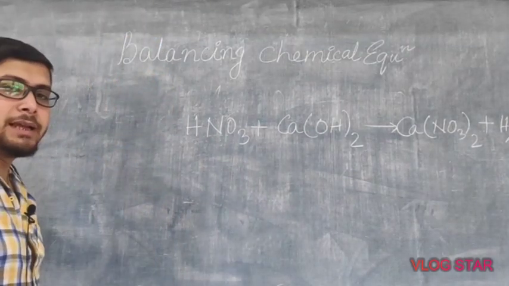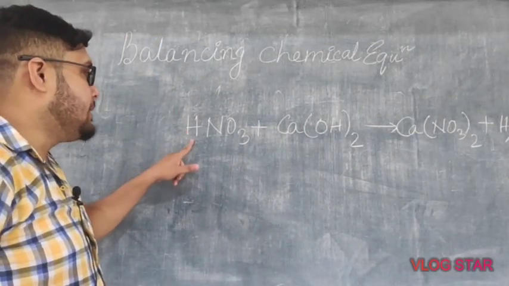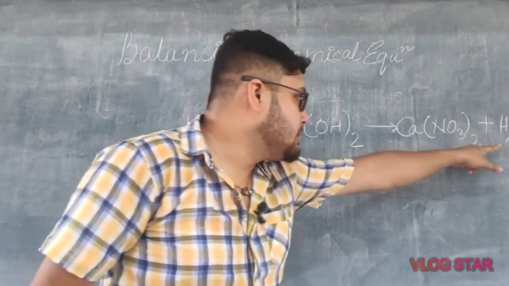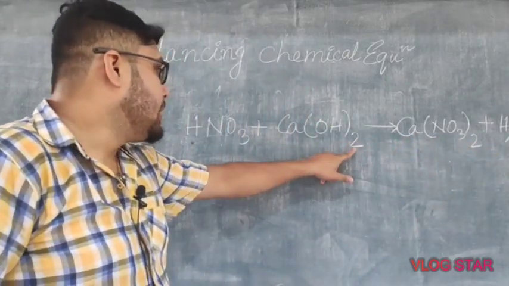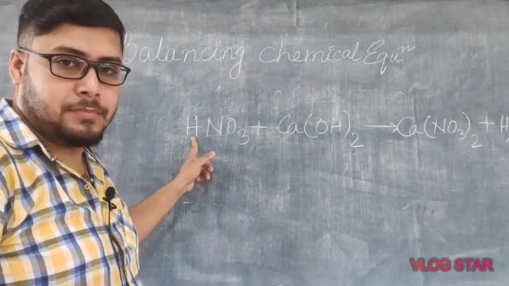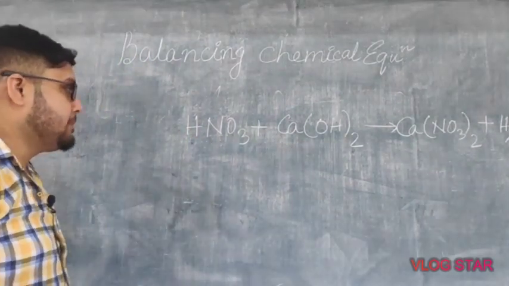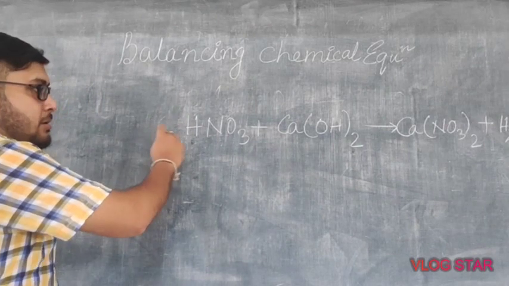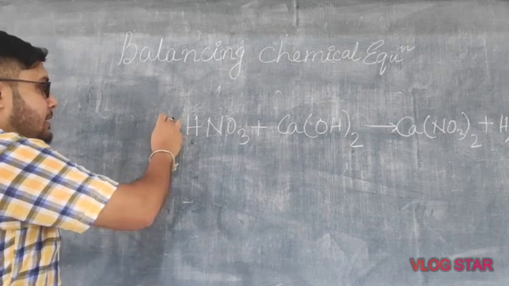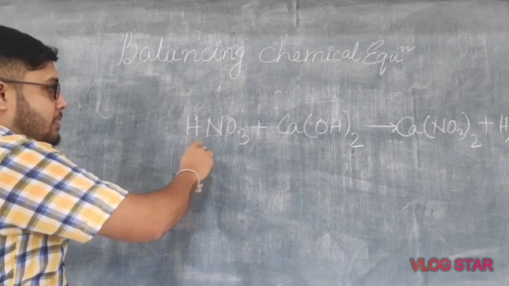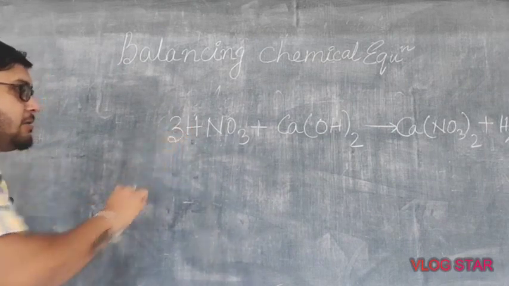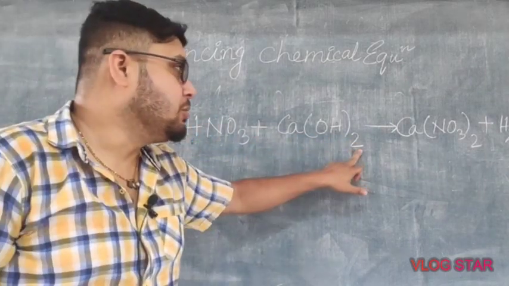Now what we can see, hydrogen here is 1, here is 2, and here 2 plus 1, 3, and on the product side 2. So to balance hydrogen, let us say we put here 3. What will happen? 3 plus 2 is 5.